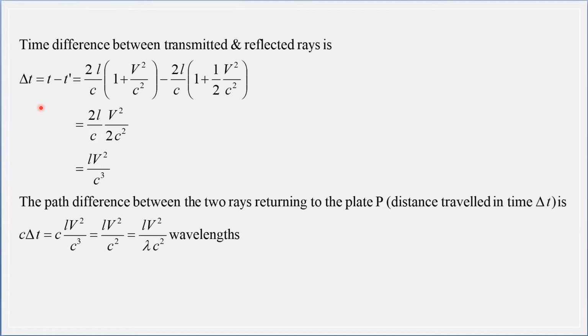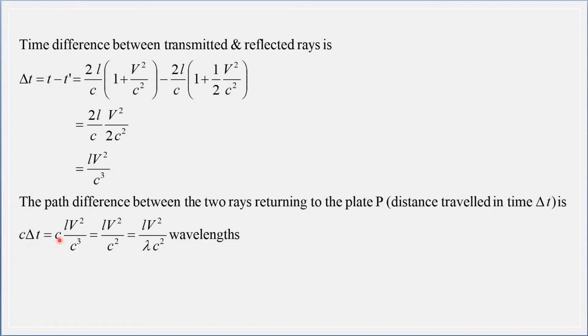So this is the time difference between the transmitted ray and the reflected ray to travel through the telescope. The path difference between the rays returning, the distance traveled in the time delta t: you multiply the velocity into that time, so C into delta t.